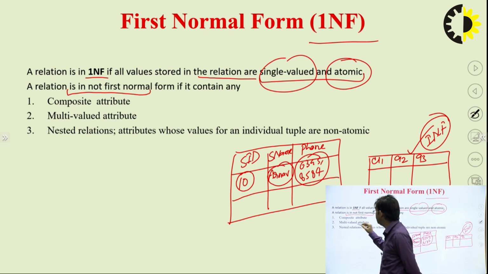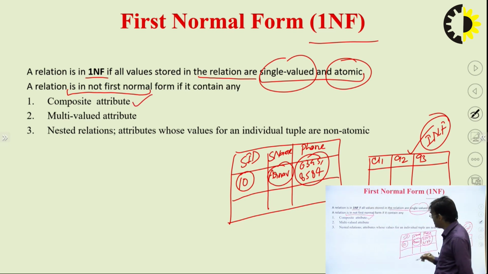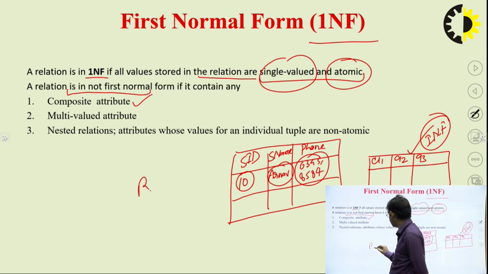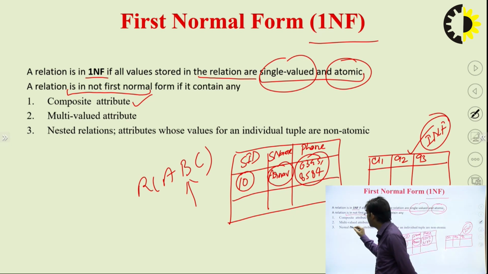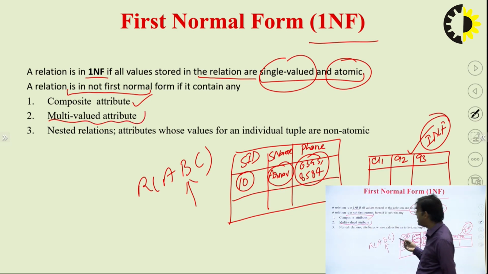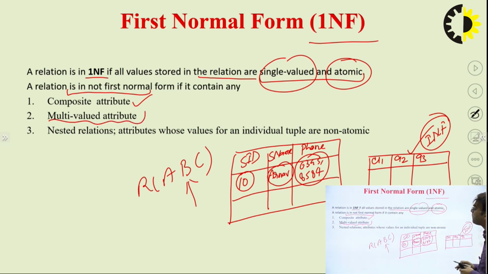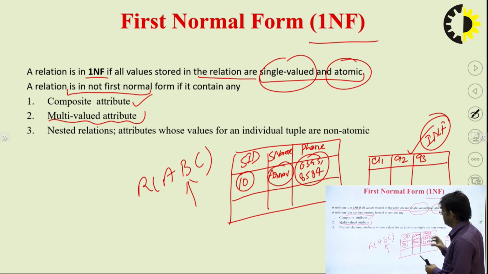One condition is that if the relation contains a composite value, then that relation should not be in the first normal form. And second, if it also contains a multi-valued attribute, then that relation is not in first normal form.